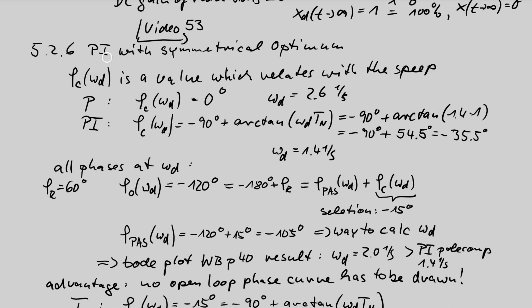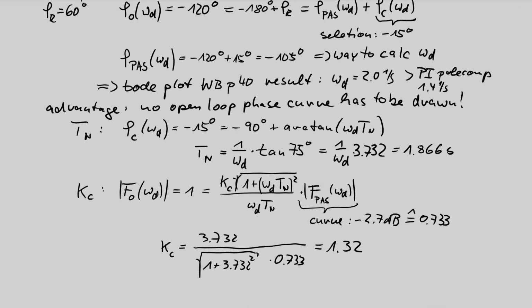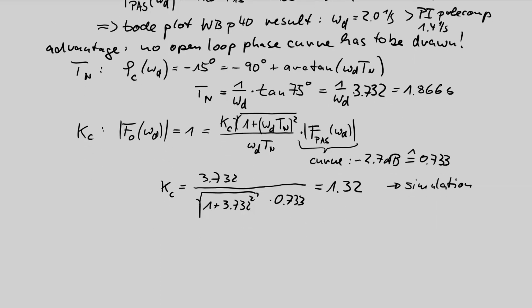PI with symmetrical optimum. And what we have to do is look into the simulation. My indicators deliver the following value. Tmax is 4 divided by omega d, so this is 2 seconds.